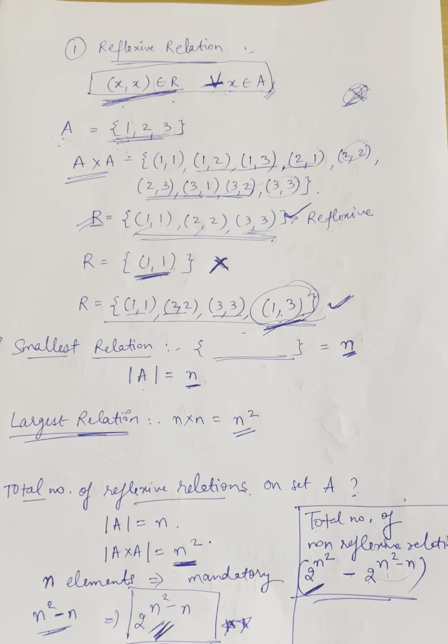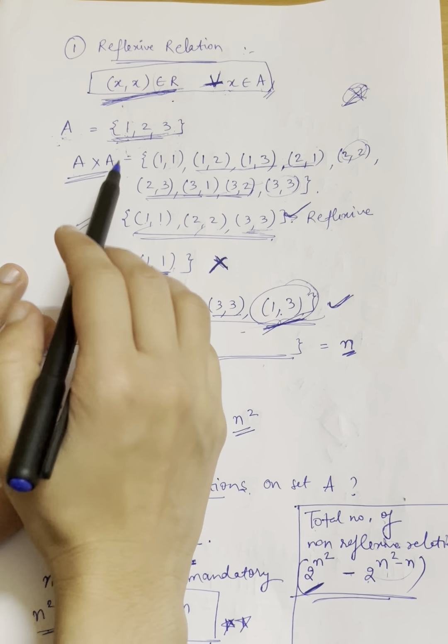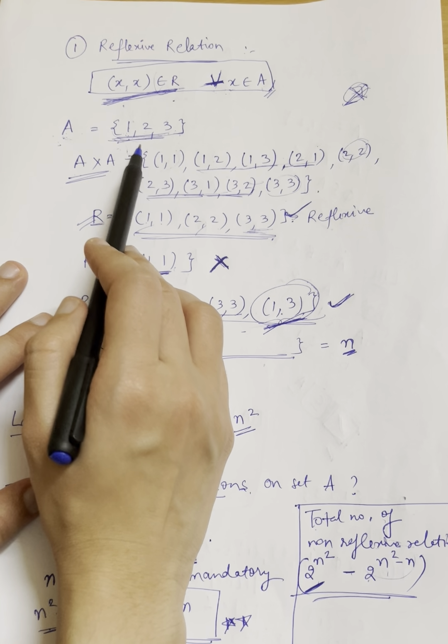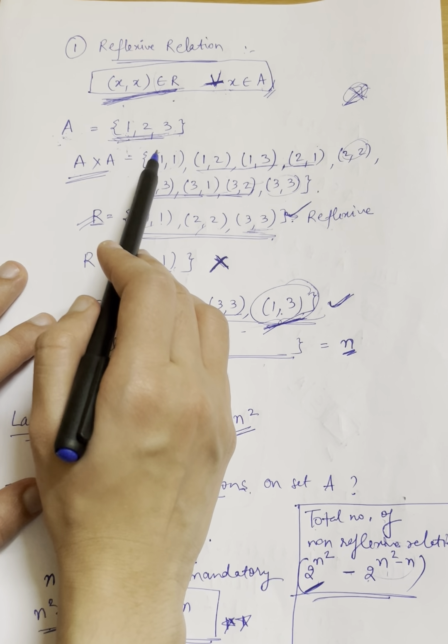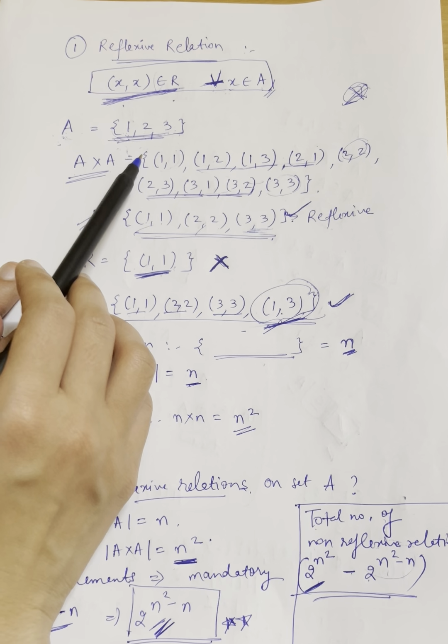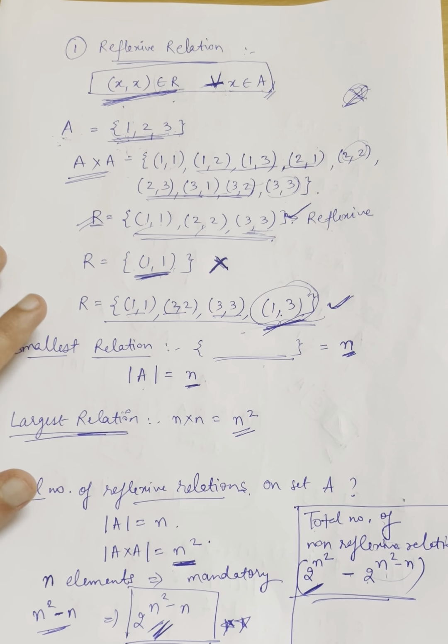See, if you take two different sets A and B, then if you want it to be reflexive, you need the elements of both sets to be the same. Think about it. If there is set A = {1, 2, 3}, and suppose set B contains an element 4, then if you take the cross product, it will never be a reflexive relation.